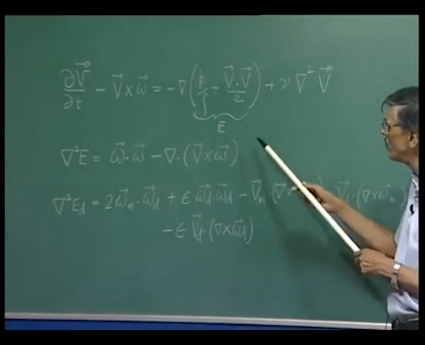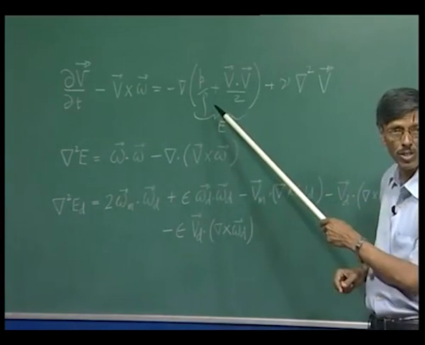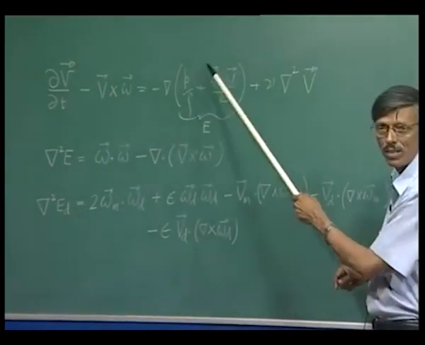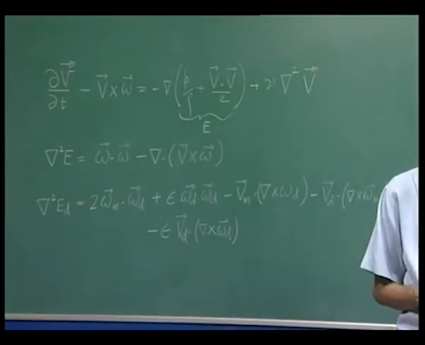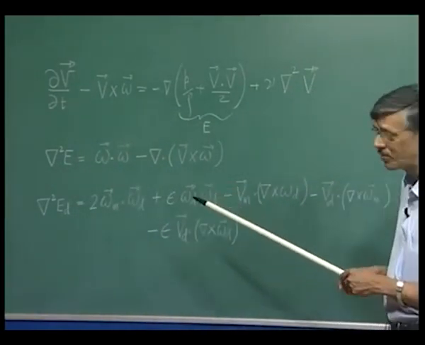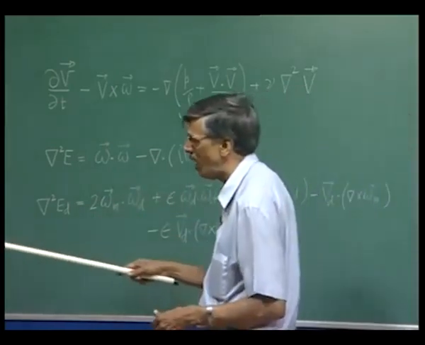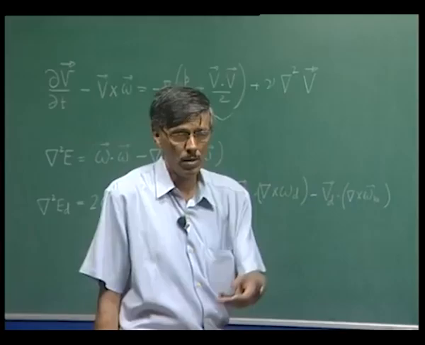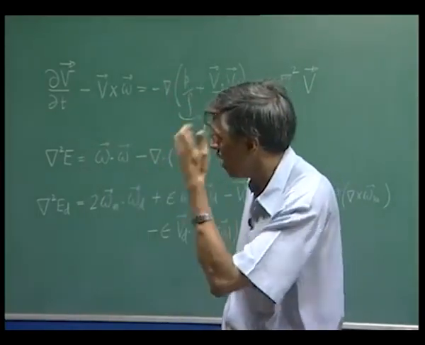That gives us the spatial distribution of this total mechanical energy E, which is given by pressure plus the kinetic energy head. How it evolves in space is given by this, and this is what we are quoting from that paper by Sengupta and Dipankar.